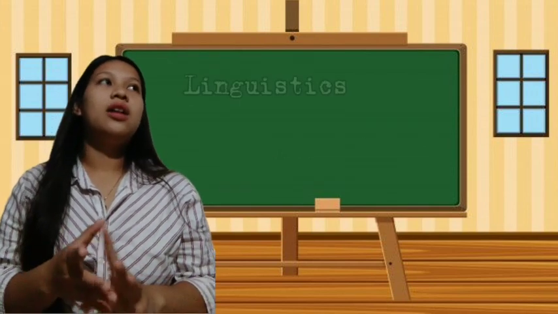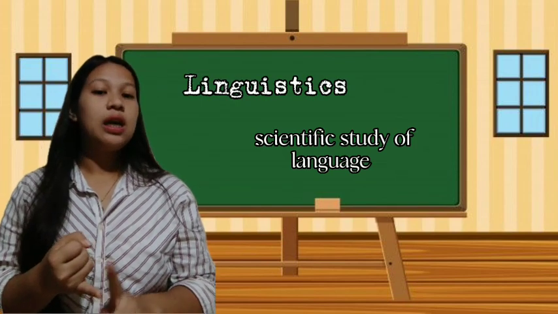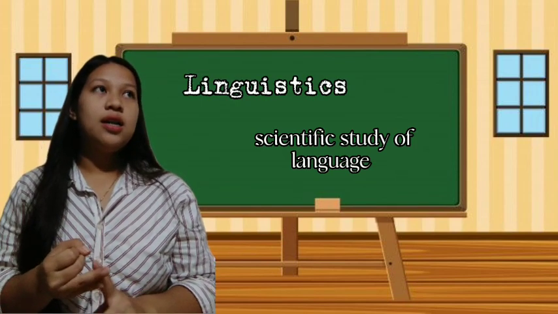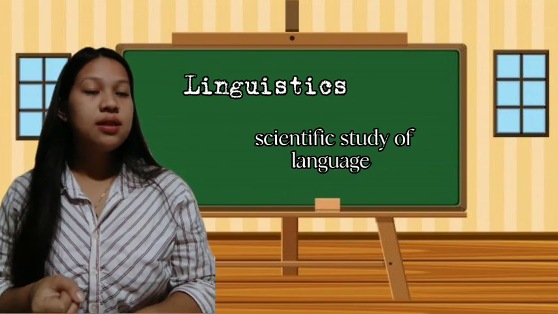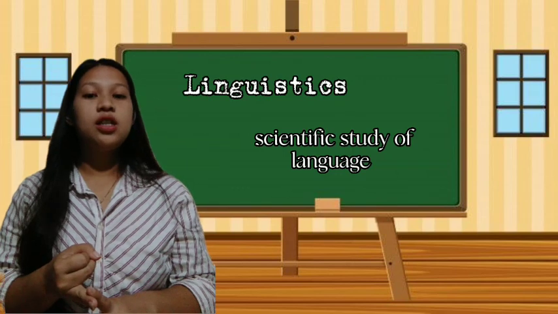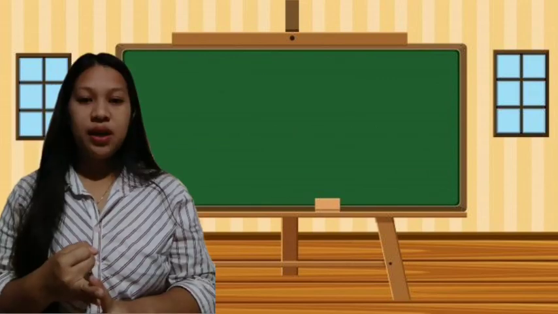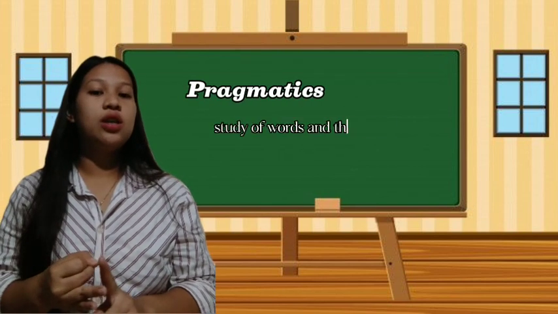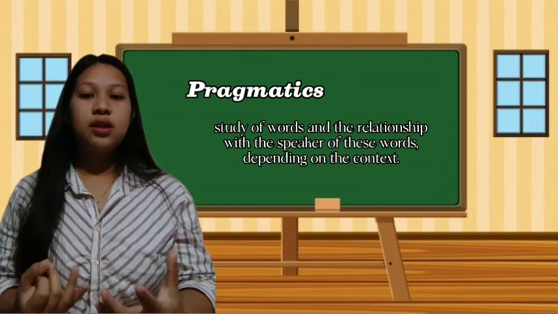Again, linguistics is the scientific study of language, and it has many branches such as semantics, pragmatics, semiotics, phonetics, morphology, phonology, and so on. Pragmatics is the study of words and their relationship with the speaker of these words depending on the context.